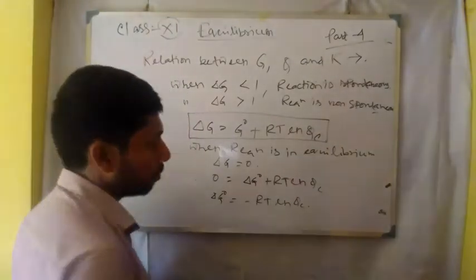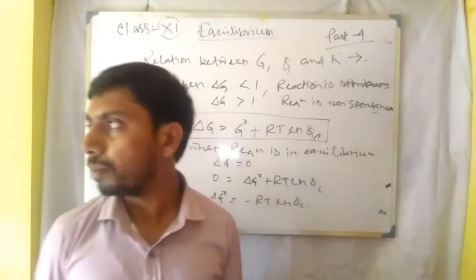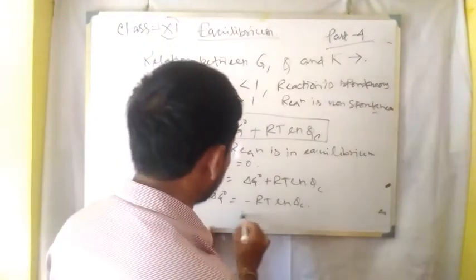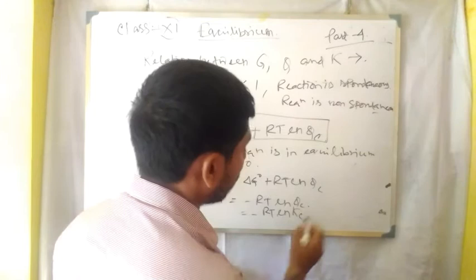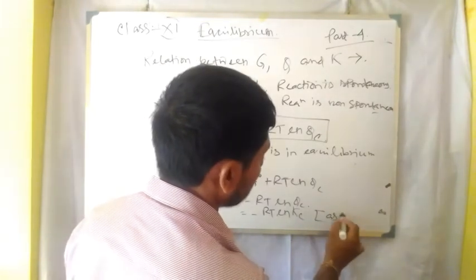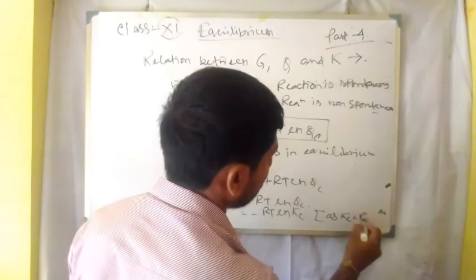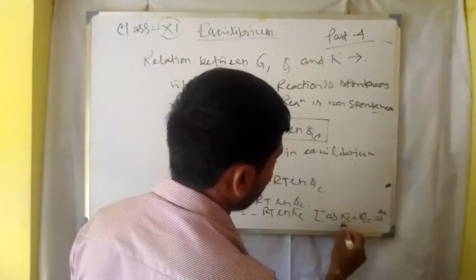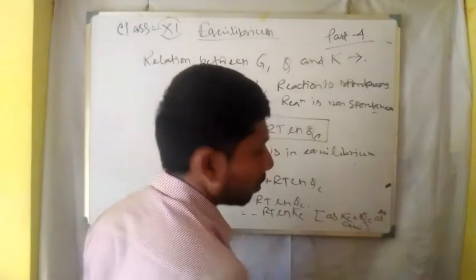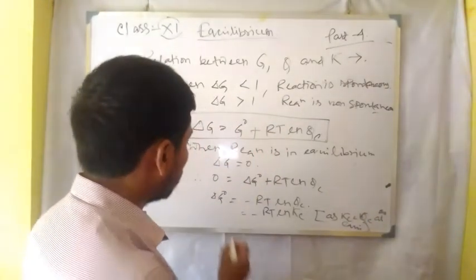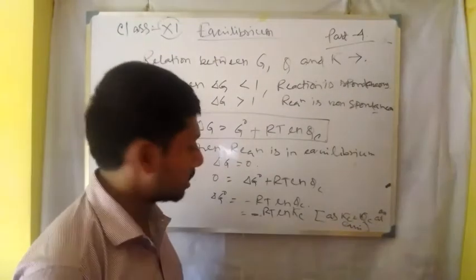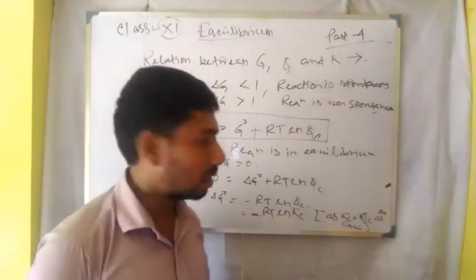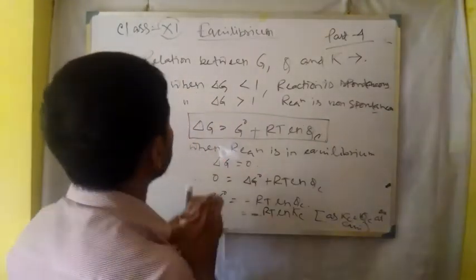At equilibrium, we know that Kc equal to QC, so that is minus RT ln Kc. So as Kc equal to QC at equilibrium, right? Now this is the equation: del G0 equal to minus RT ln Kc. Now there is a further derivation on that.